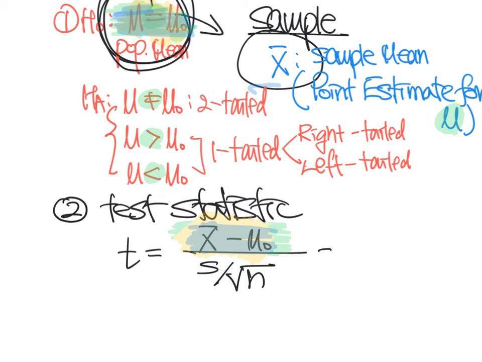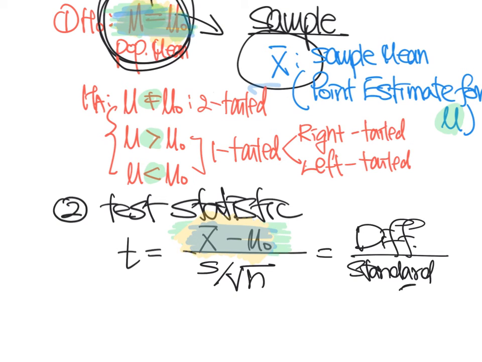It always has the form: the difference divided by the standard error. Can you remember the standard error? The denominator is another ratio that has the name, the standard error.